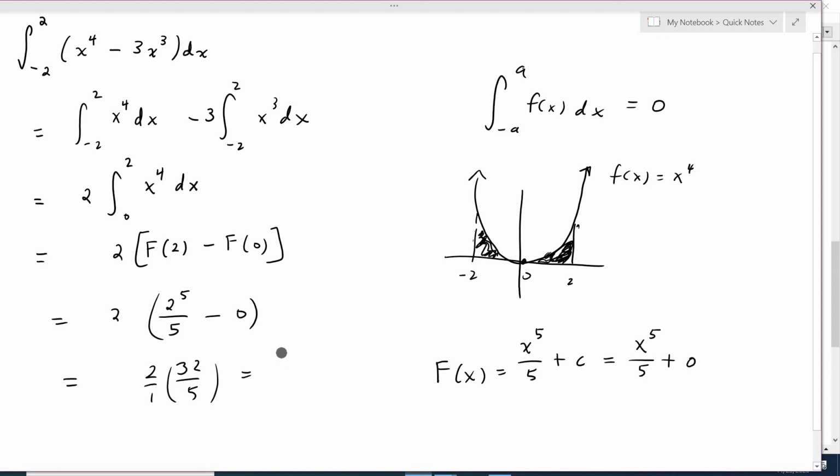And then times 2, that would give you 64 over 5. And that's the total area trapped between minus 2 and 2, between the function and the x-axis. Okay, so that's an example where we would use the symmetry of these functions to help you evaluate these definite integrals.